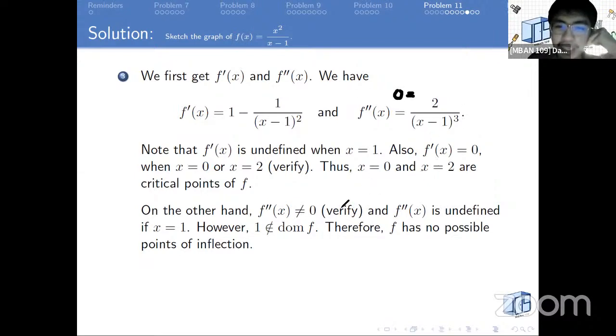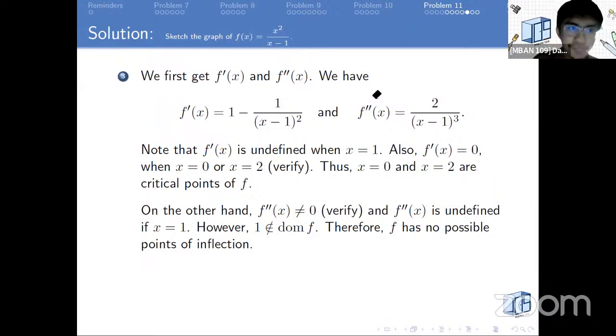So hindi pwedeng maging 0 yung f double prime of x mo. Tapos undefined pa kapag x equals 1, pero hindi rin kasama yung x equals 1 sa domain of f. So walang possible points of inflection ang f kasi wala tayong values of f prime of x when x equals c, f double prime of x is 0.